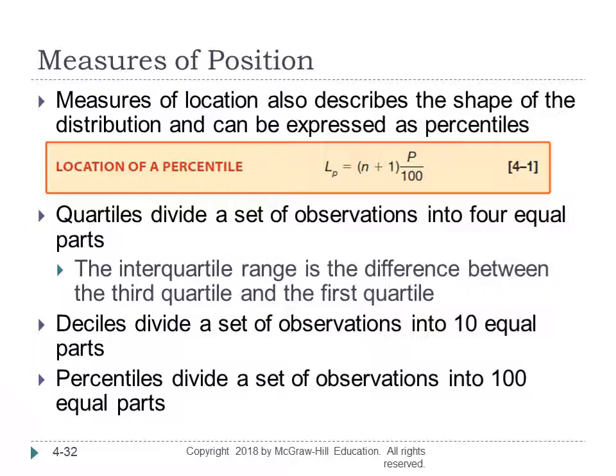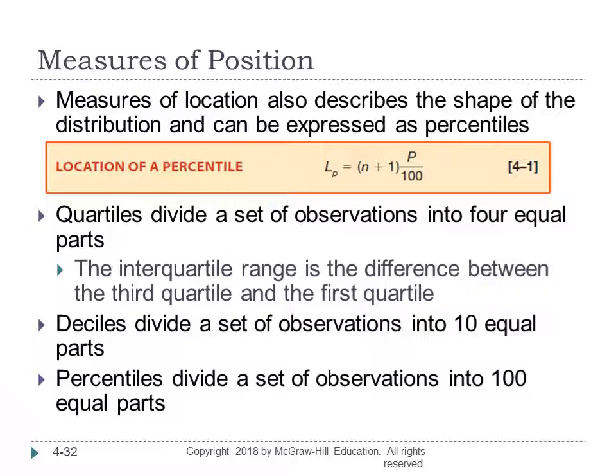So this is L50 or (n plus 1) times 50 over 100. The third quartile, or some books call it the upper quartile, is the 75th percentile. Q3 is calculated by using 75 for the percentile. It will equal (n plus 1) times 75 over 100.